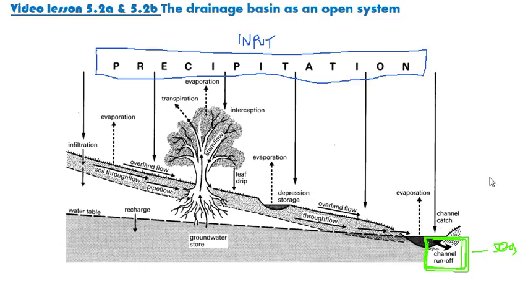That's one way it can leave. Another way is it can evaporate into the atmosphere and then get carried outside of the drainage basin by winds. And another way is it can leave vegetation and plants and evaporate out of plants into the atmosphere as well.